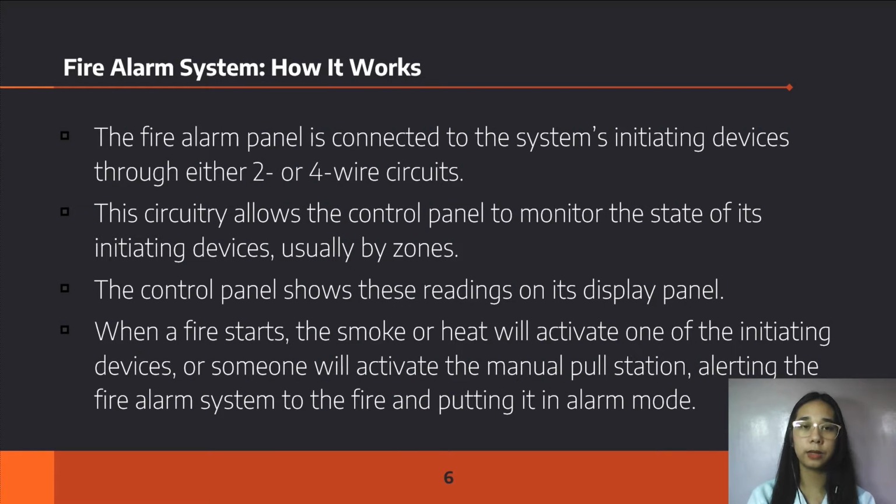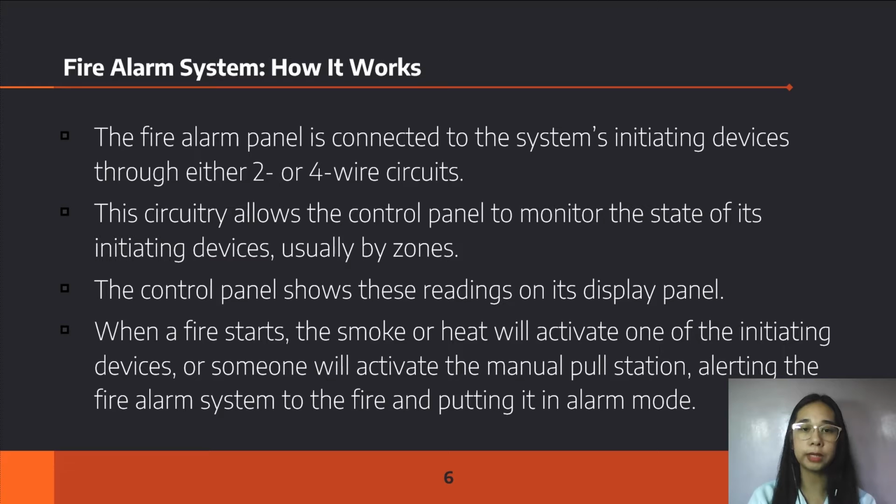Now, some may wonder, how does a fire alarm system even work? We must remember that there is what we call the fire alarm panel, which is connected to the system's initiating devices through either 2 or 4 wire circuits. This circuitry allows the control panel to monitor the state of its initiating devices, usually by zones, identifying whether the devices are in normal or alarm mode.